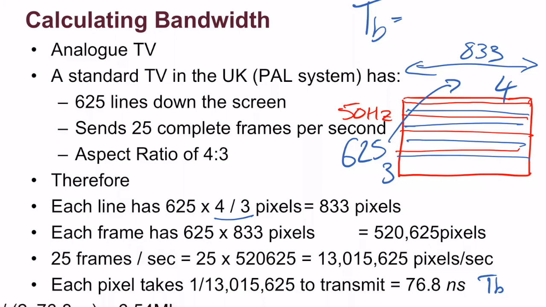And we know our fundamental frequency, therefore, is going to be 1 over 2 TB. And you could quite easily work out, I've got a typo there, that we should get 6.54 megahertz, which, if you actually look at the bandwidth for an analog TV, is pretty much about right.